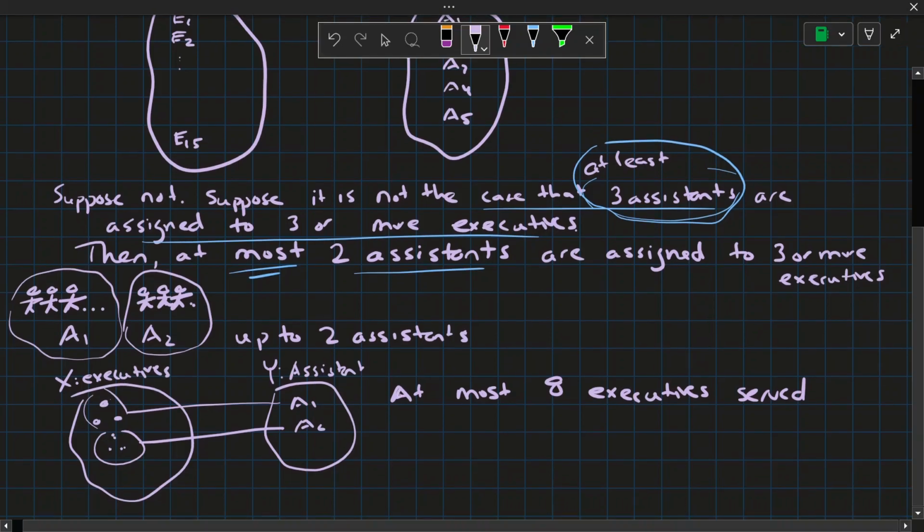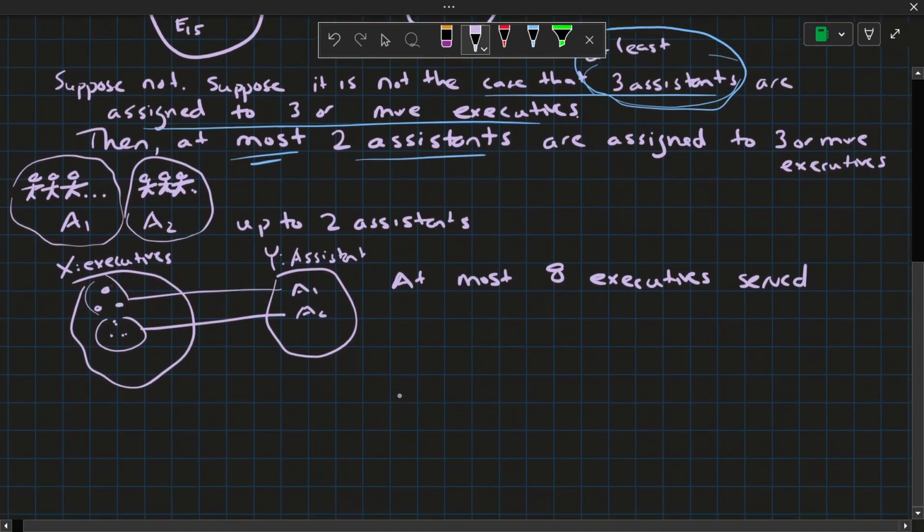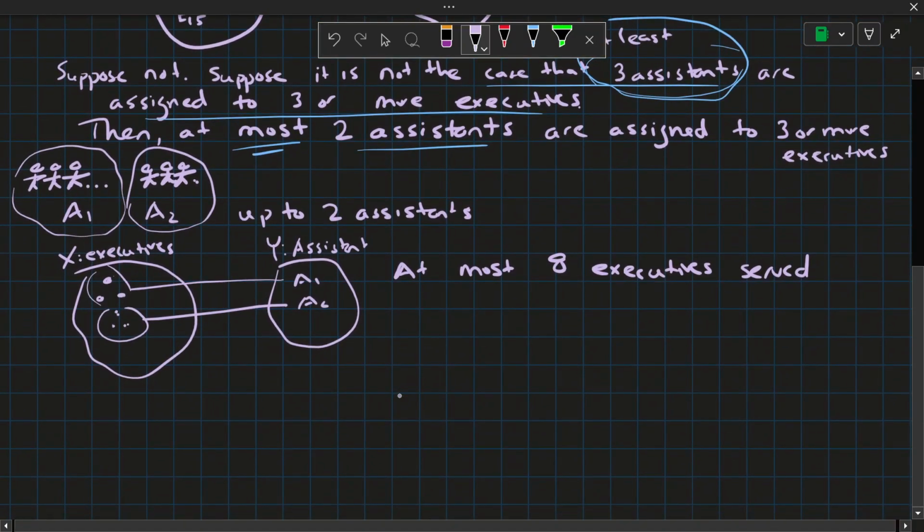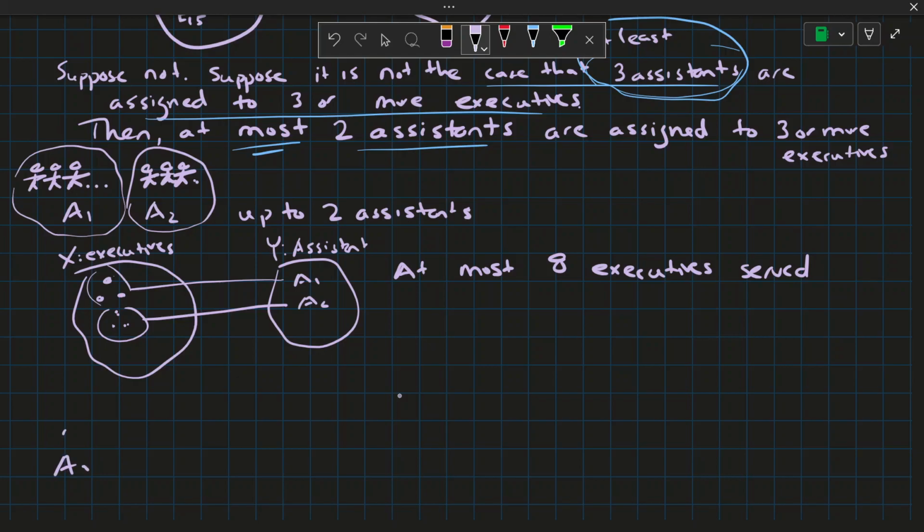All right. Furthermore, if we have those two assistants being used, we still have 3 more to go. So what can we say about the other 3 assistants, A3, A4, and A5?